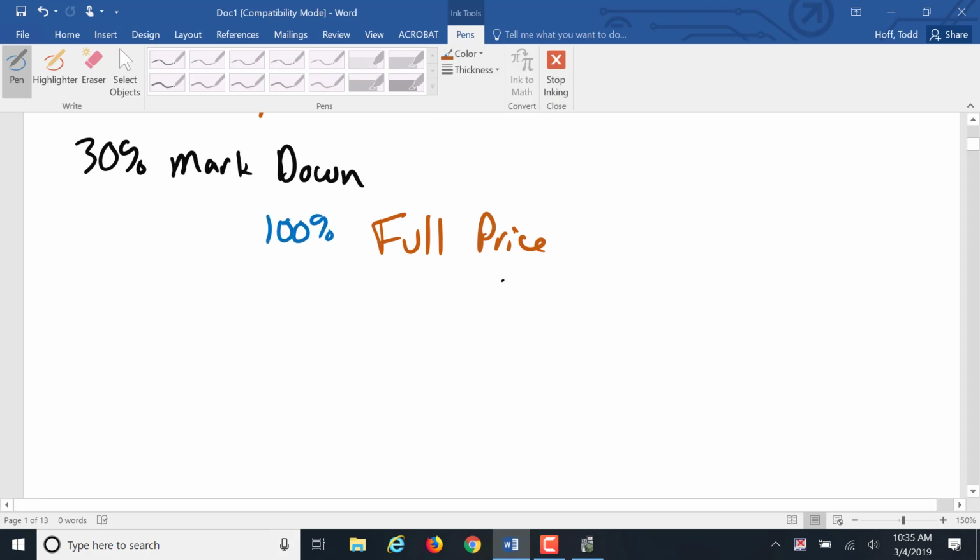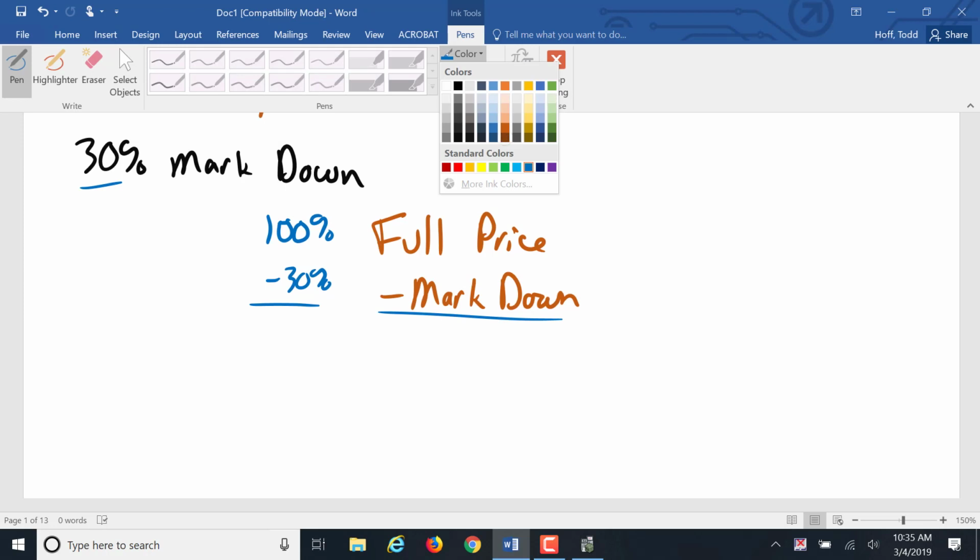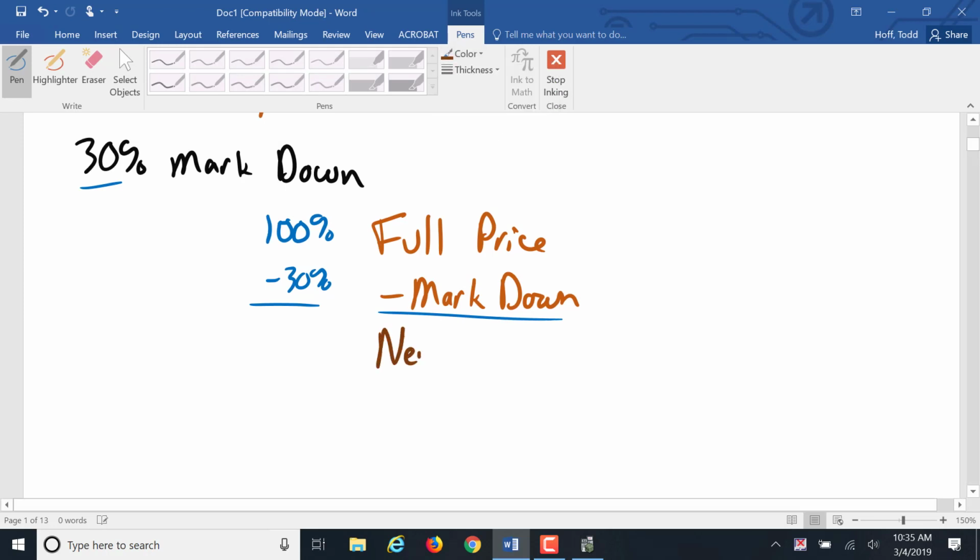We're subtracting from that a markdown. In this case, we're subtracting 30% markdown. The new price, or reduced price, is going to be 100 minus 30, or 70%.